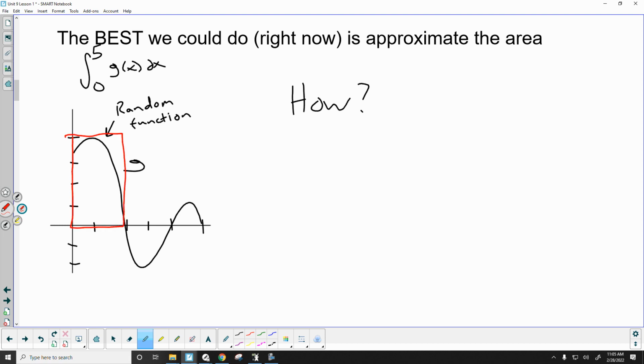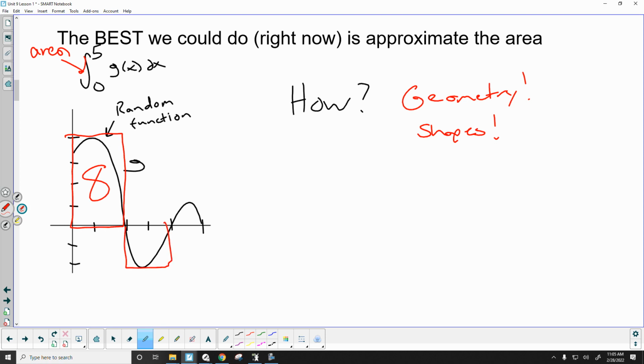So if you understand that this means area, well, you can use your friend geometry. And you can use your friend shape. Because we know how to find area of shapes. Rectangles, triangles, right? And this is a 2 by 4, this is 8. This is a 2 by -2.